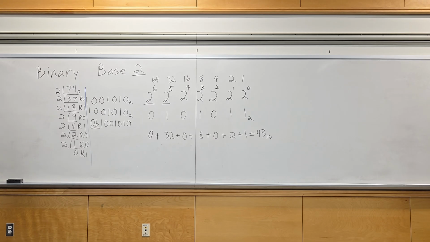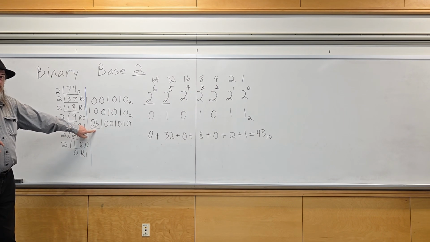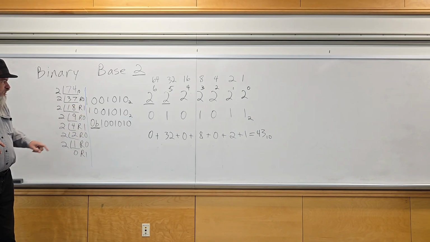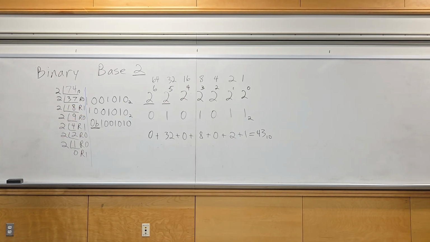Yes. When you convert from base 10 to binary, do you have to add that zero in front, or is it just implied? The 0 in front of what? The binary. I'm talking about when you convert it from base 10 to binary.